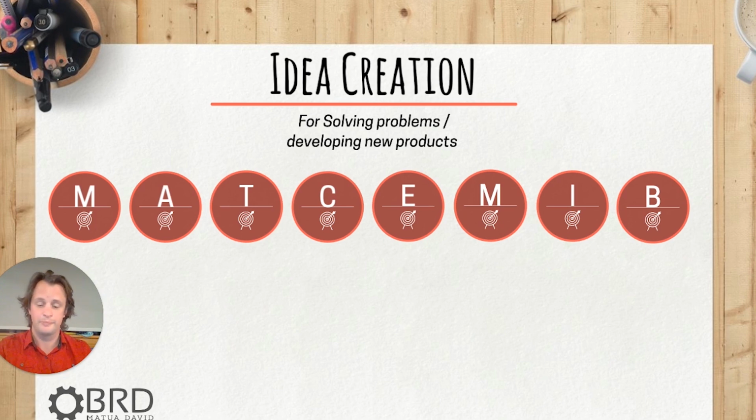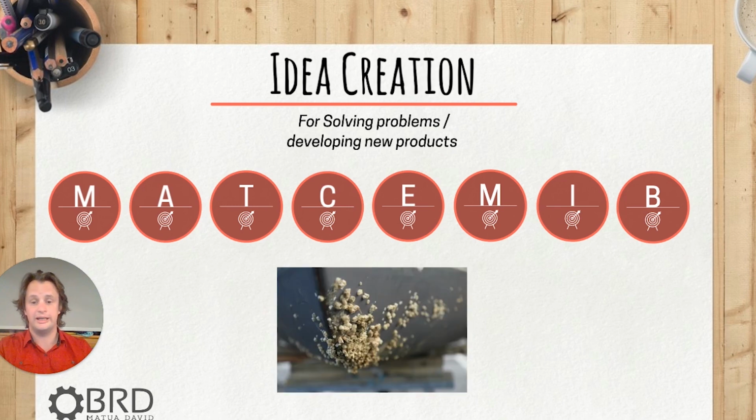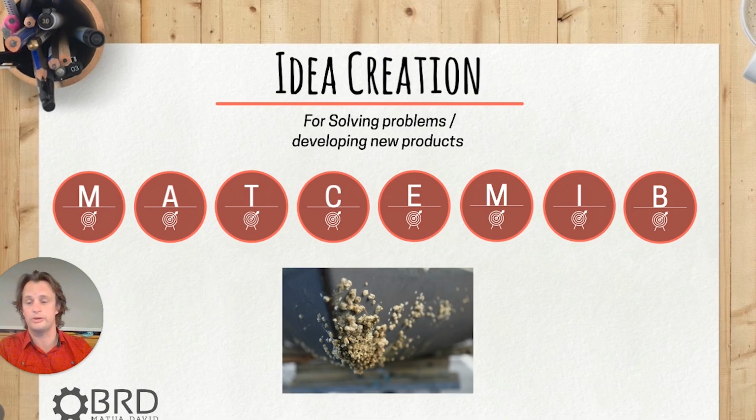So what is our problem? Our problem is barnacles on the boat. Getting barnacles off boats can be quite difficult. We want to scrape them off without damaging the hull itself. So that's our problem. Let's look at some potential solutions.